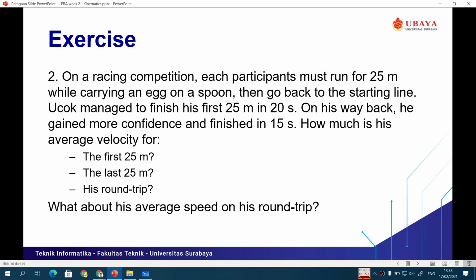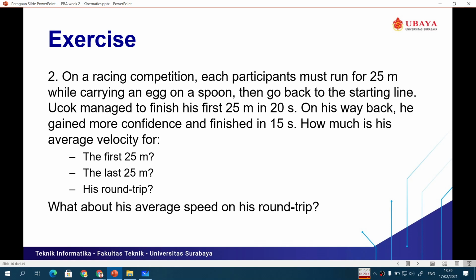You don't need to really calculate it because I think the result is quite ugly. Just tell me how you calculate the average velocity for the first 25 meters. 25 divided by 20. Okay, 25 meters divided by 20, that's correct.